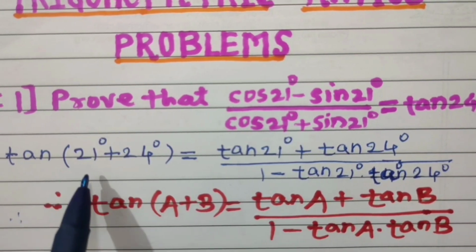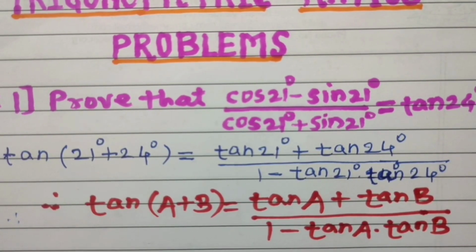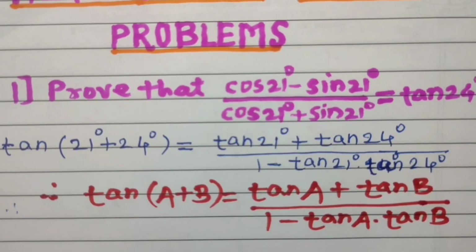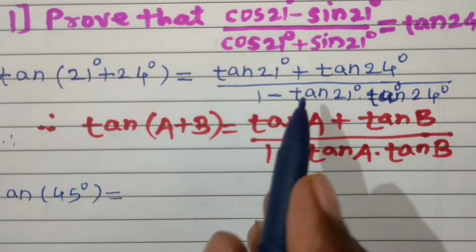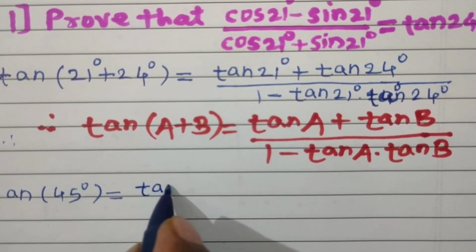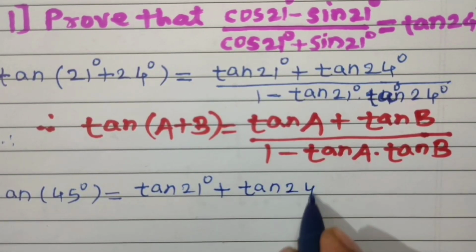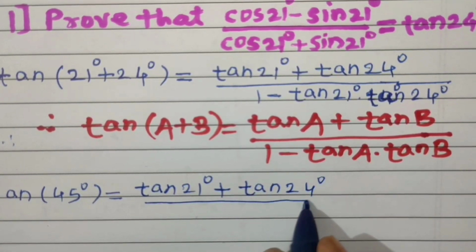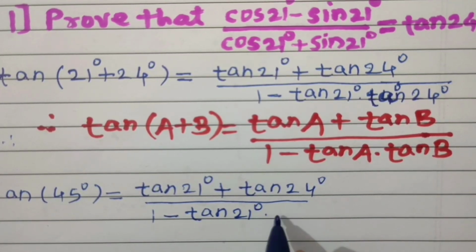Okay, now left hand side becomes 21 degree plus 24 degree, that is nothing but tan of 45 degree. So we can write tan of 45 degree is equal to whatever may be the right hand side, keep it as it is, tan of 21 degree plus tan of 24 degree divided by 1 minus tan of 21 degree into tan of 24 degree.